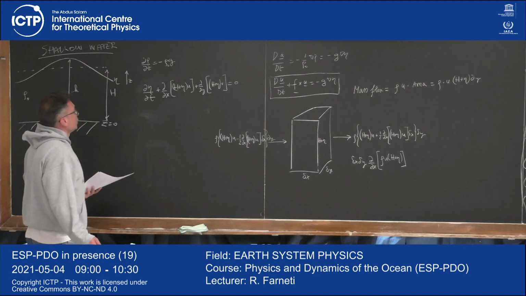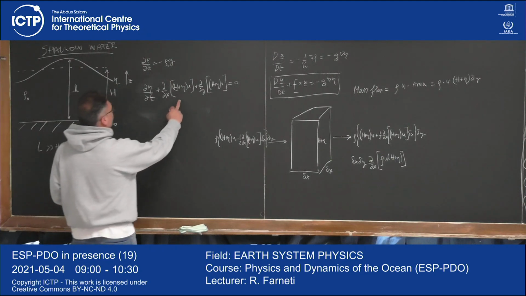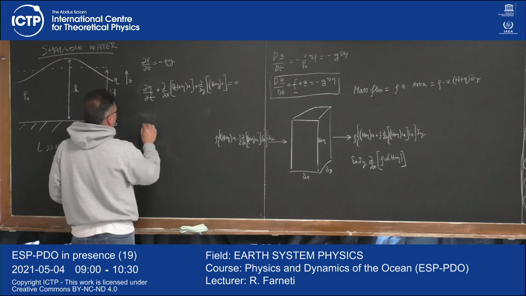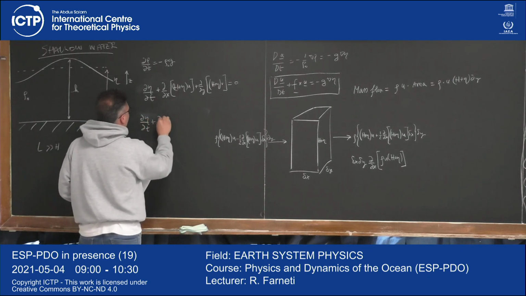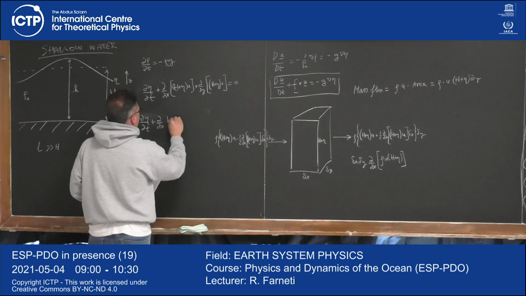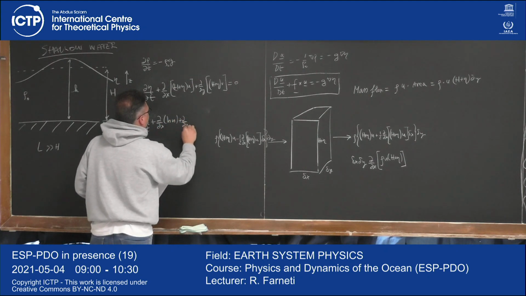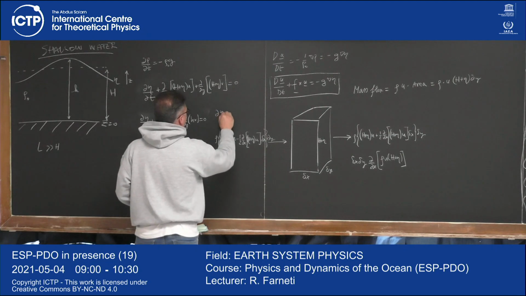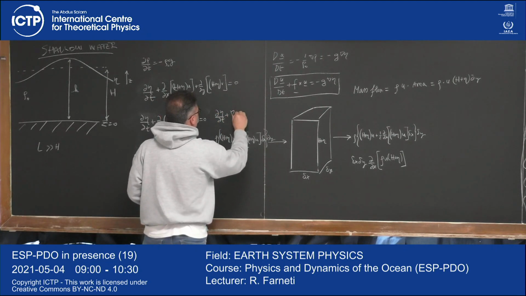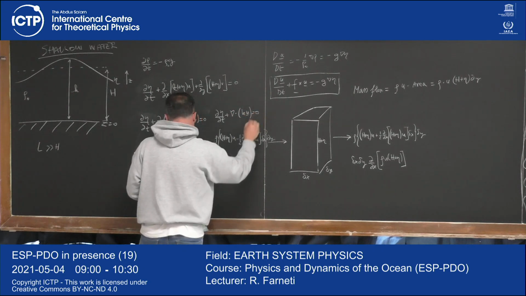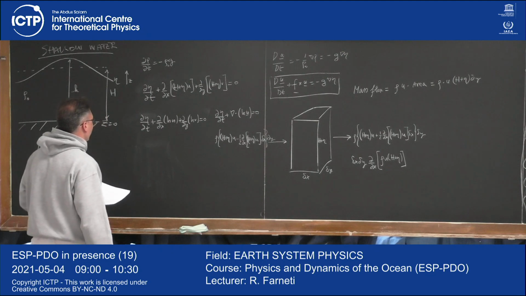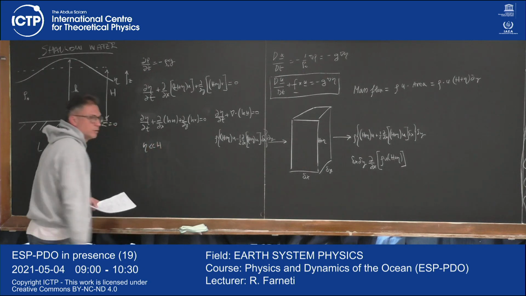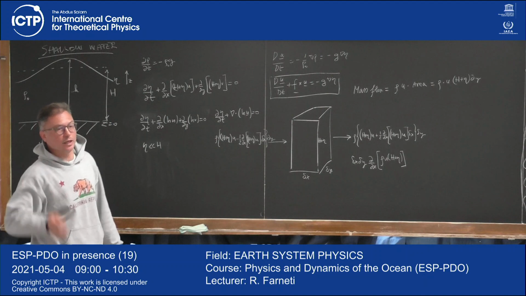Now you could do two things, depending on the way you prefer to work. You could substitute h plus eta with small h, or you can make the assumption that eta is much smaller than the total height h.